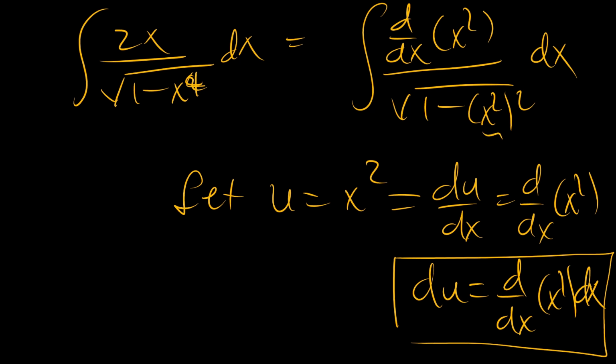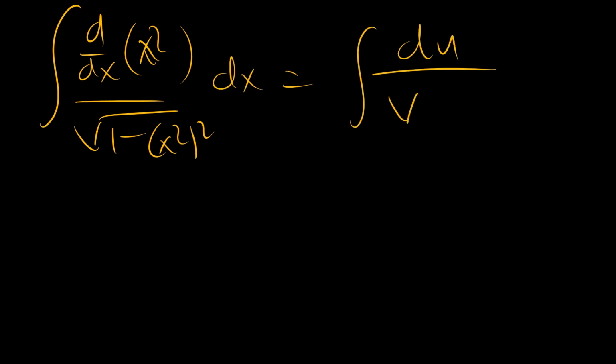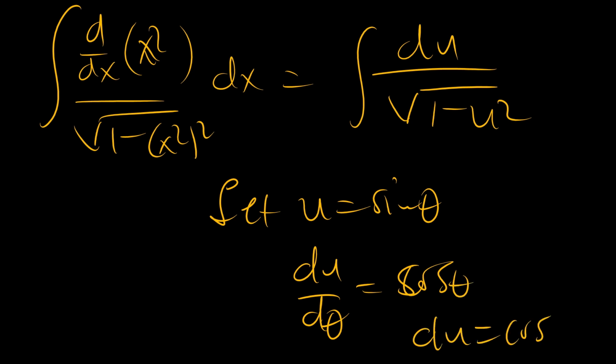Our problem is then equal to the integral of du over the square root of 1 minus u squared, and we can say that u is equal to sine theta, which means that du d theta is equal to cosine theta, and so du is equal to cosine theta d theta.